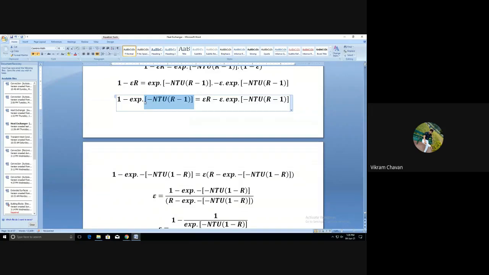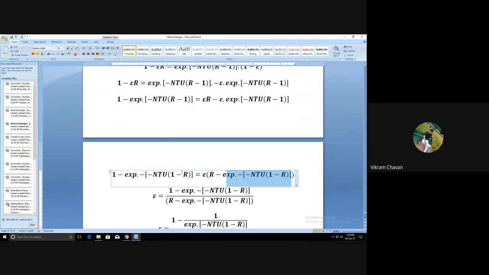So that will become exponential of minus of that particular bracket, times 1 minus exponential multiplied by minus of the bracket. Similarly on this side also we are doing the same thing, exponential of minus of a bracket. And R minus 1 will be converted to 1 minus R by taking the minus sign common outside the bracket.